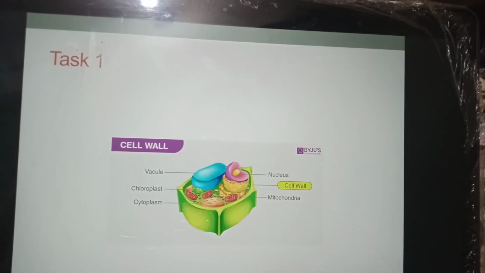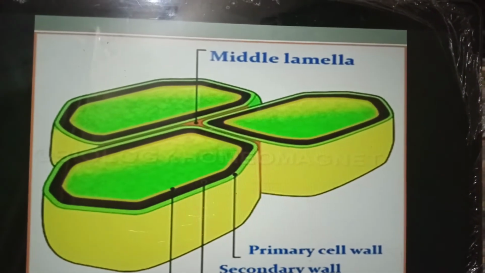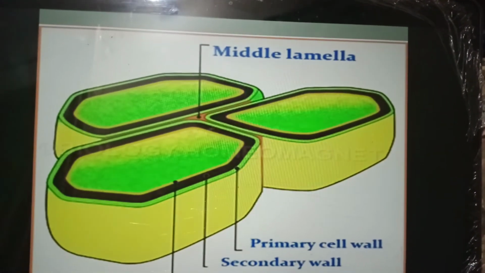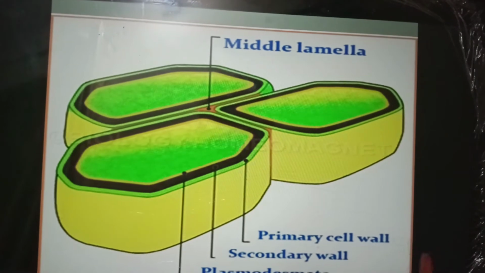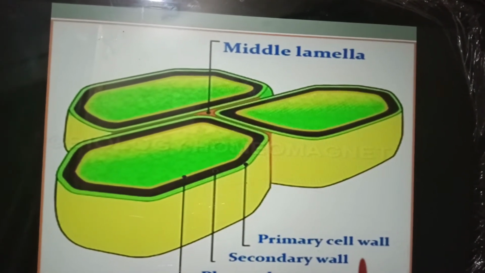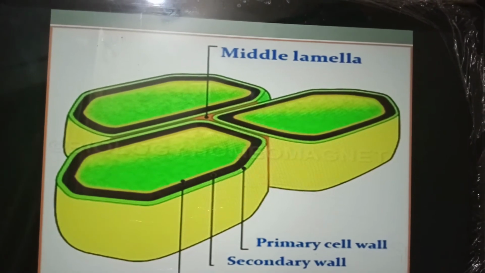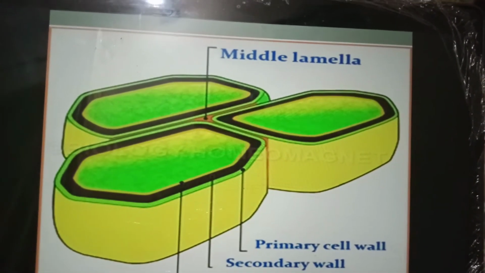Plant cells have a variety of chemicals in their cell walls. The outer layer of the plant cell wall is known as the primary cell wall, and cellulose is the main component in it.